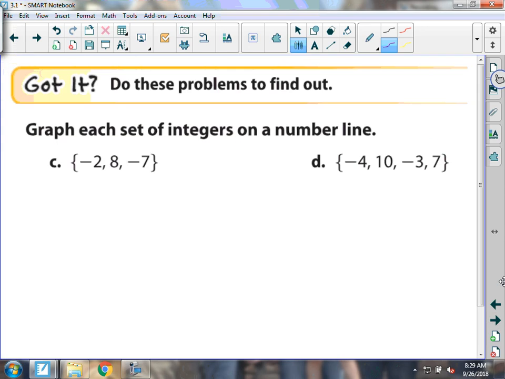So do the same thing for these two. Go ahead and pause it so you have time to work them out. Okay, for C, my smallest number is -7.